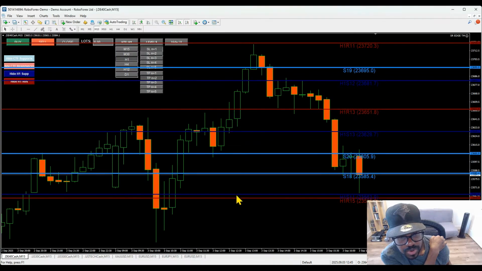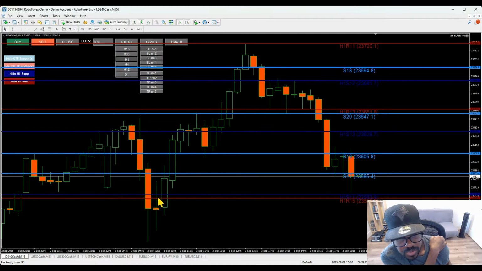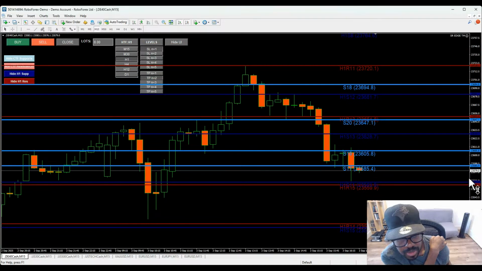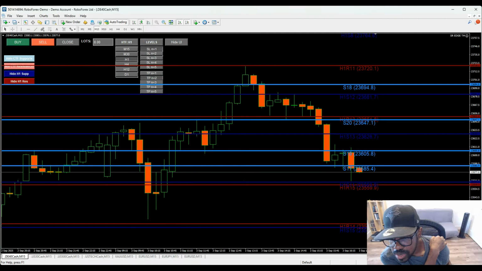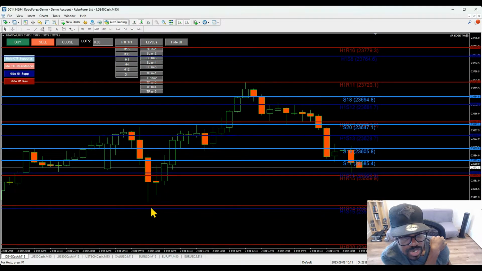But as you can see, there was support and resistance here that were really next to each other. And like I said, if you see that, most likely there will be some reaction on the market. And also here, we had support and resistance next to each other. So those two zones here were a rejection and reversal setup, and that's why the price went up towards that resistance right here.